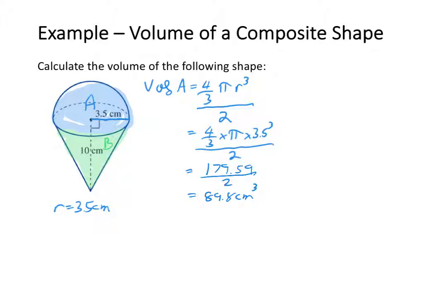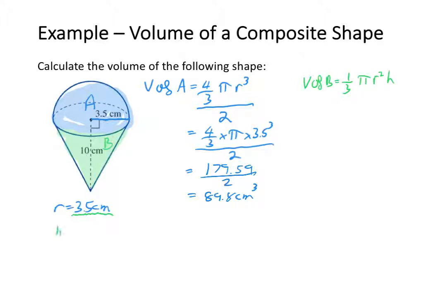So now that I've calculated the volume of A, I can calculate the volume of B, which is my cone. So volume of B is equal to 1/3 pi r squared times the height. Now to use that formula, I need the radius and the height. The radius is going to be the same as the semisphere, so 3.5 centimeters.